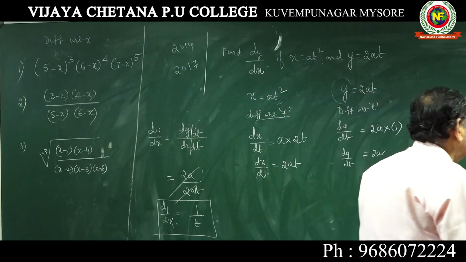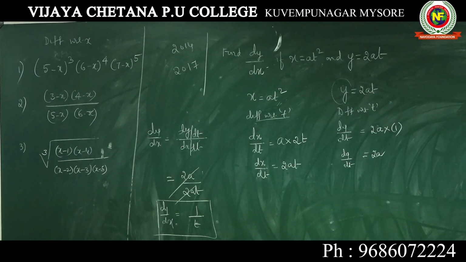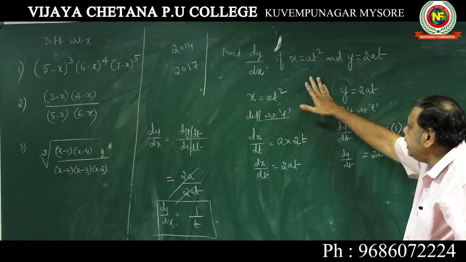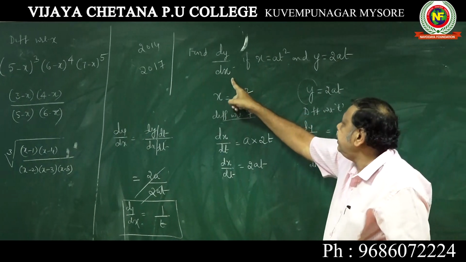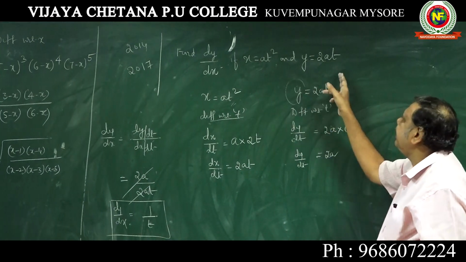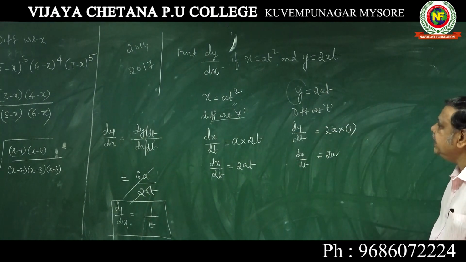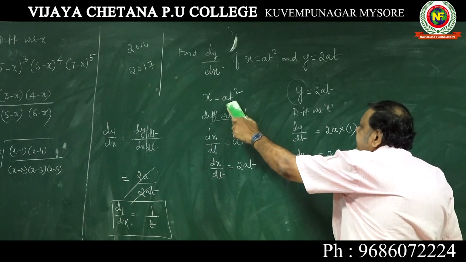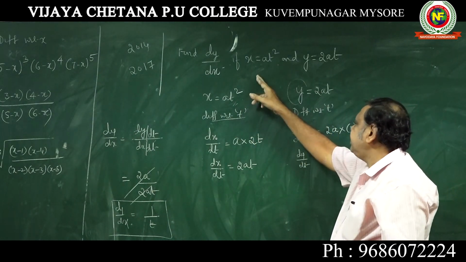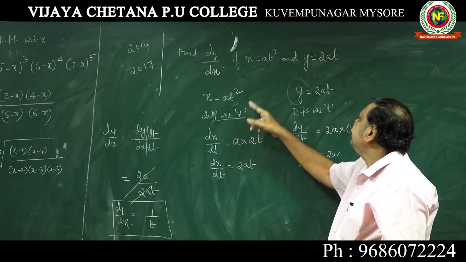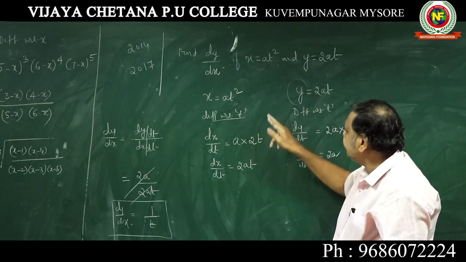Again I will explain the parametric function, and this question carried 4 marks. Find dy by dx if x equals at square, y is equal to 2at. Now x is equal to at square. Differentiate with respect to t. T is the parameter. Dx by dt is equal to a into 2t.